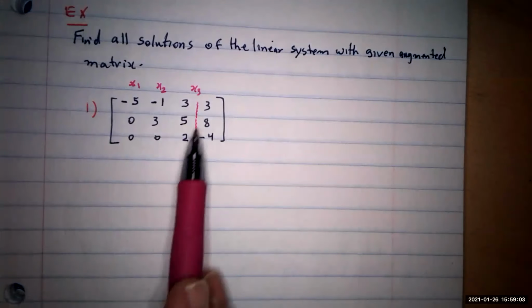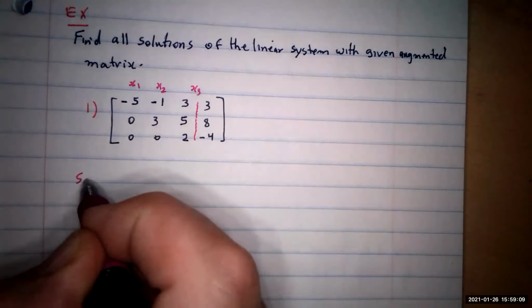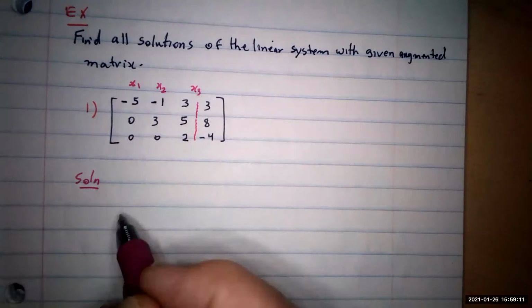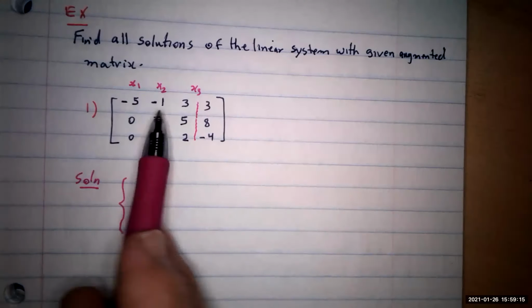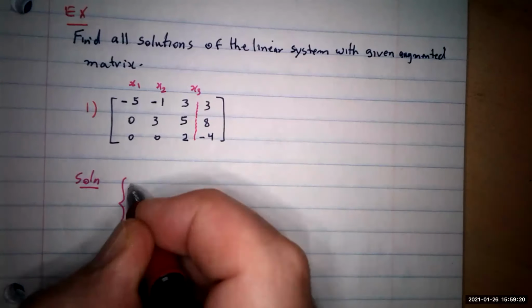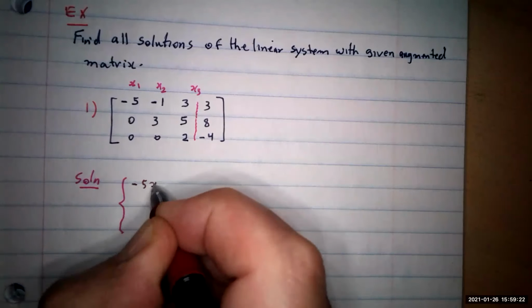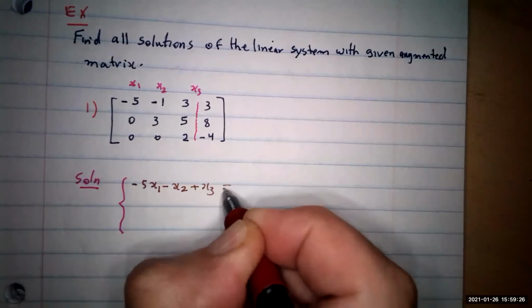If you read from these, the corresponding system is going to be, this is it, your system translated into this format. The first one is -5x1 minus x2 plus x3 equal to 3.